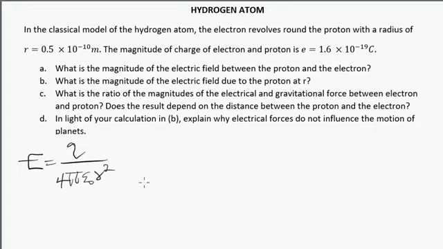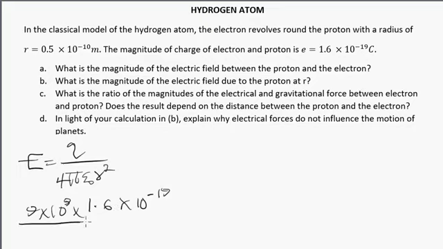minus 19. Let's recall that 1 over 4 pi epsilon naught is a constant, and that constant is 9 times 10 to the power of 9. So we multiply this by the value of the positive charge here, which is 1.6 times 10 to the power of minus 19.